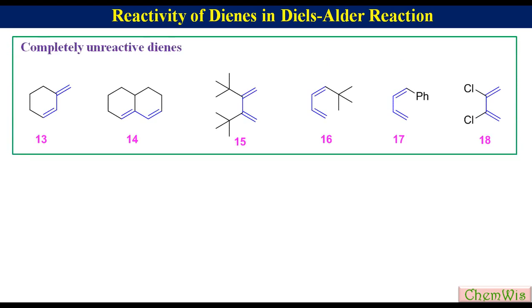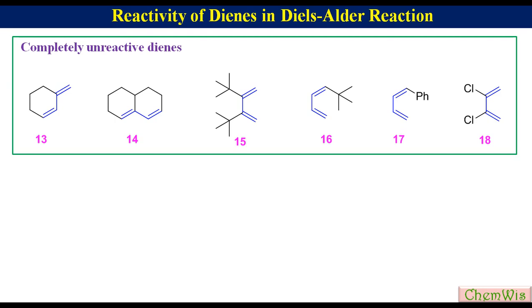These are the examples of dienes that are completely unreactive towards Diels-Alder reaction. Compound 13 and 14 are unreactive because the diene is locked in S-trans conformers.